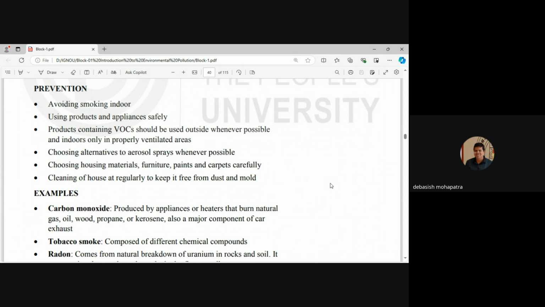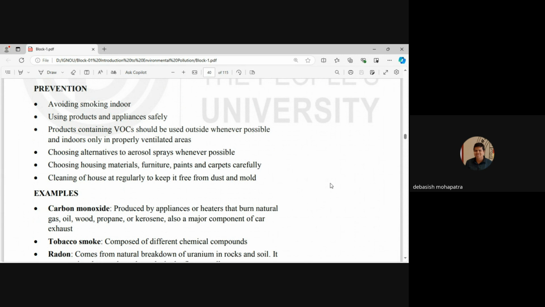Clean the house regularly to keep it free from dust and mold. Okay, these are all the prevention measures you can take so that air pollution can be prevented inside our home.